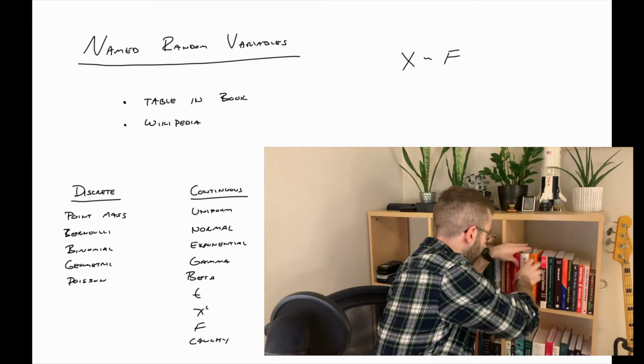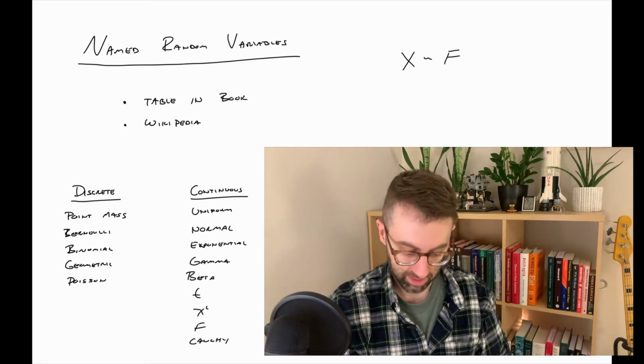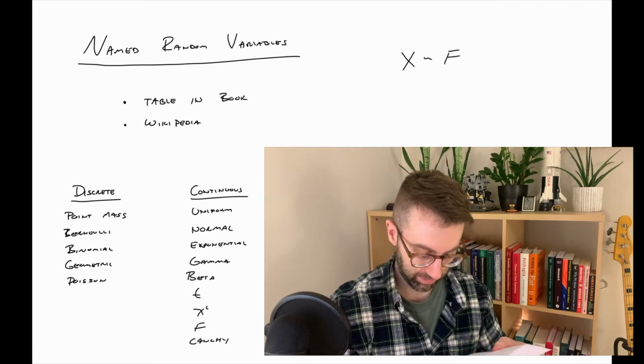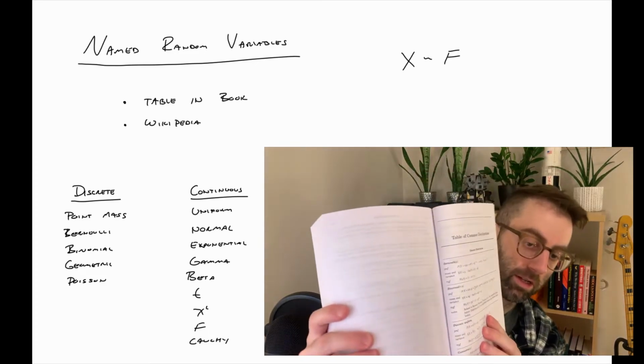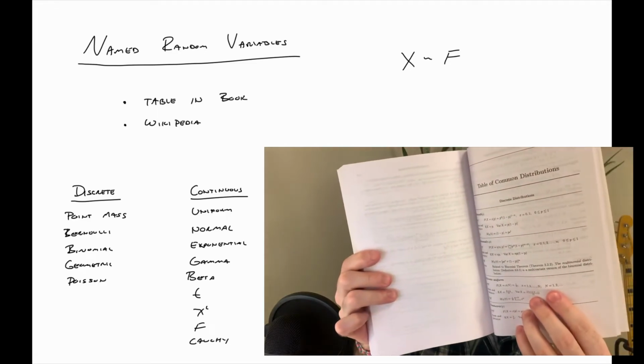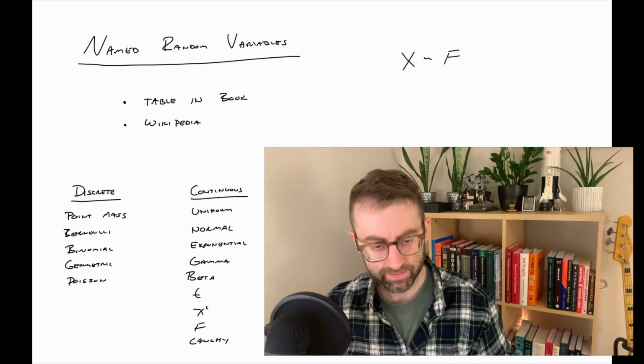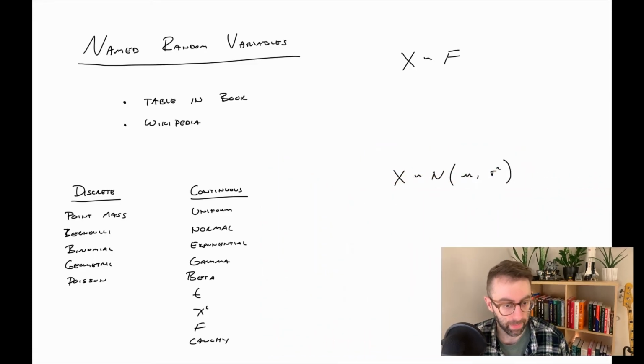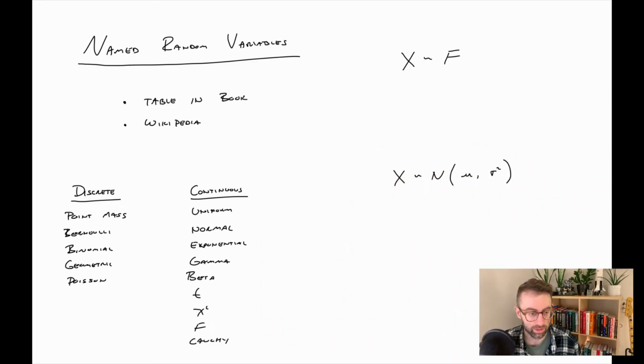I'm sure Casella Berger has one too. This one's a little less densely packed, but the point is, for a lot of distributions, you can just look up things about them, and there's a lot that is known about those distributions.